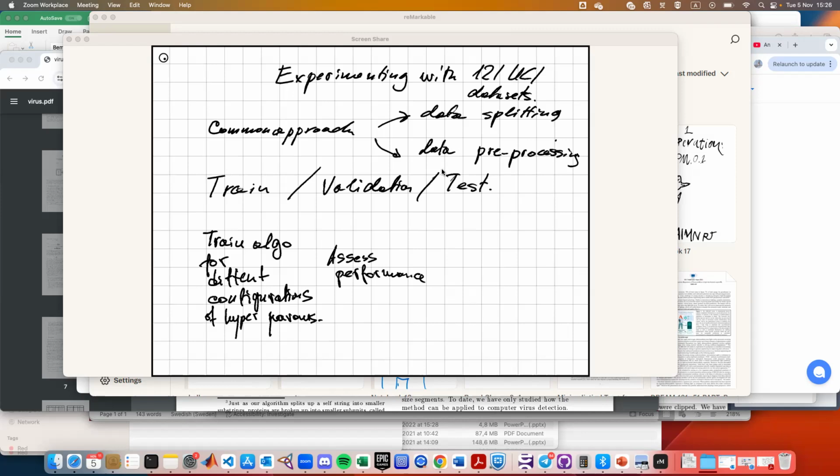Next, what do you do? So you take the best configuration from here, and now you retrain, exactly. You retrain for this best configuration on the train set, and you test on the test set.